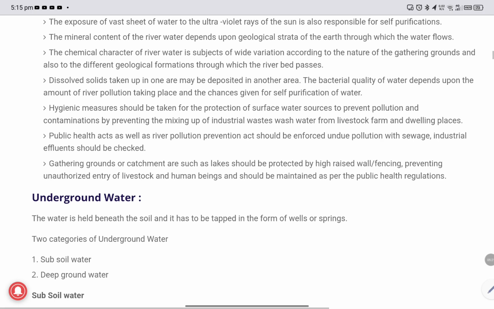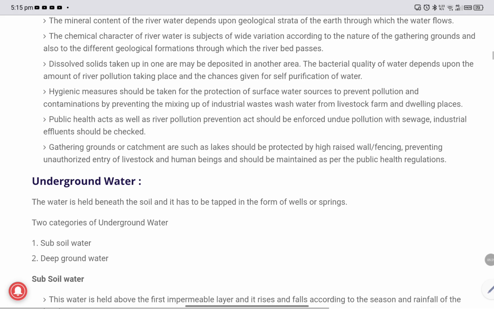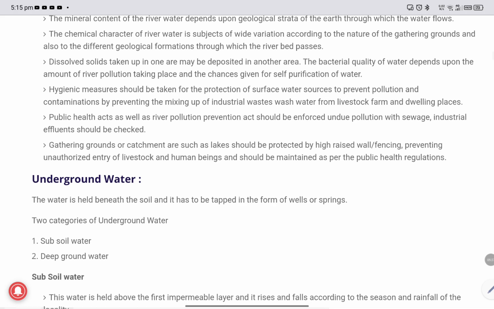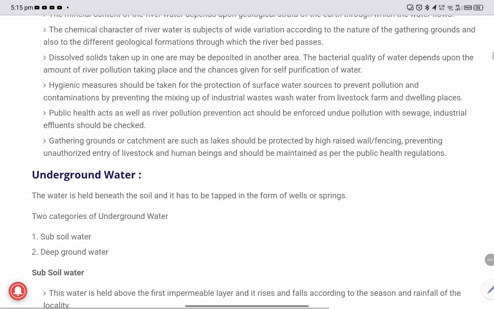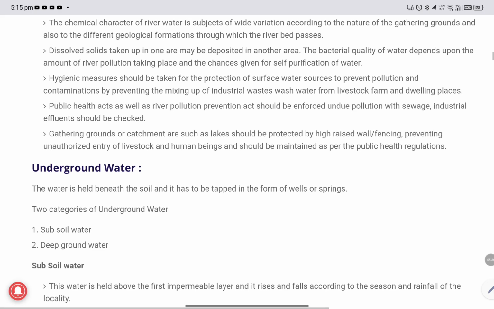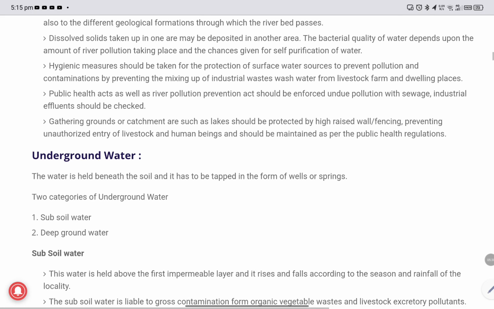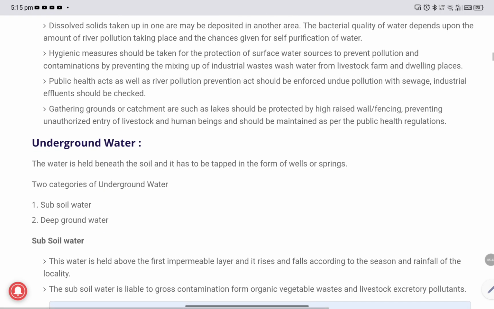Hygienic measures should be taken for the protection of surface water sources to prevent pollution and contamination, by preventing the mixing up of industrial waste water, waste from livestock farms and dwelling places. The Public Health Act as well as the River Pollution Prevention Act should be enforced.